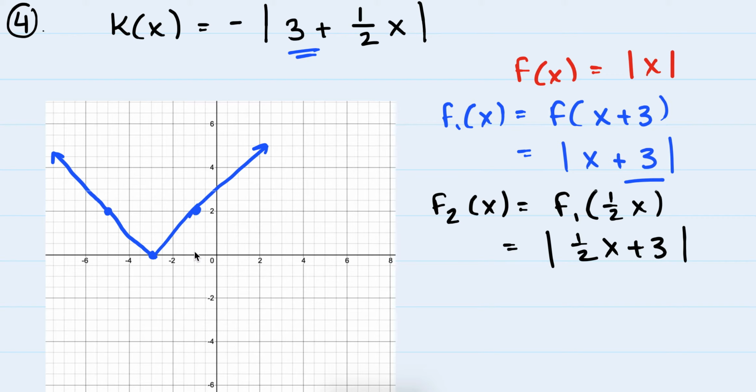So this is -1. Remember that it's a stretch, so it's pulling all the stuff that's over here, it's going to be pulling it this way. So we take our x values, which this one is -1, multiply it by 2, and you go here.